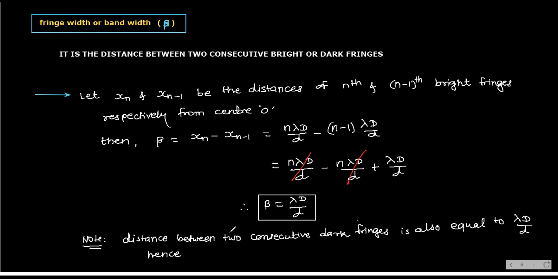Hence the bright and dark fringes are equally spaced, right? Hence dark and bright fringes are equally spaced.